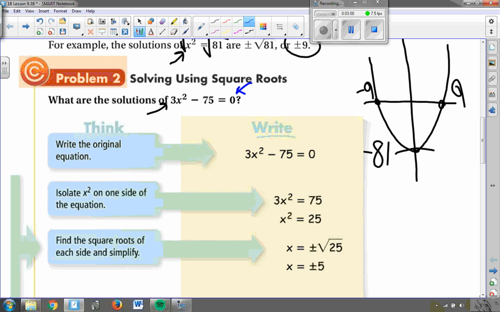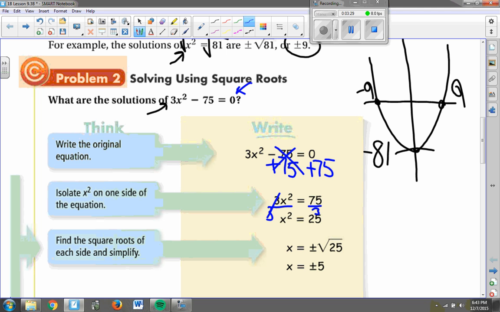So the first thing I want to do is move the 75 away from the x squared. So I'm going to add 75 and add 75. That will allow that to go away, and all I have left on the left side is 3x squared. That's equal now to 75 because I had to add 75 to the other side. Then I divide by 3 to get those to cancel out, and divide that by 3 to give me 25. So x squared is equal to 25.